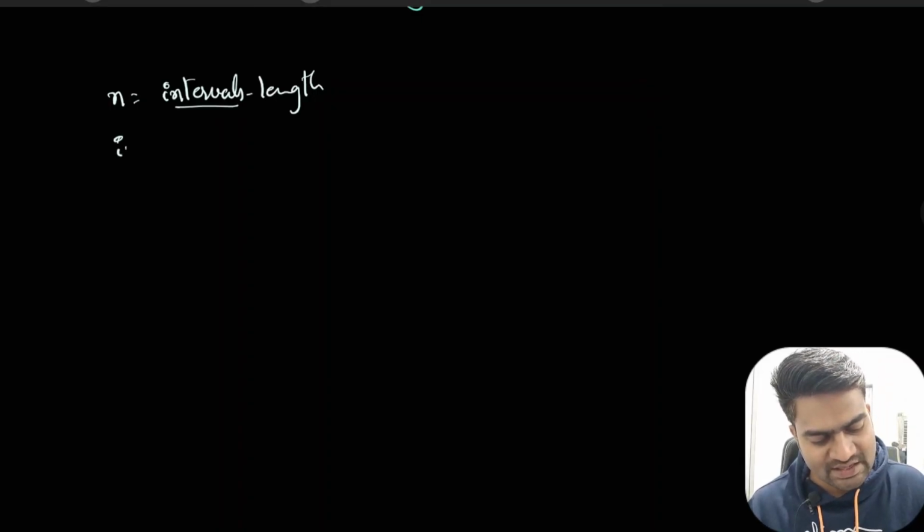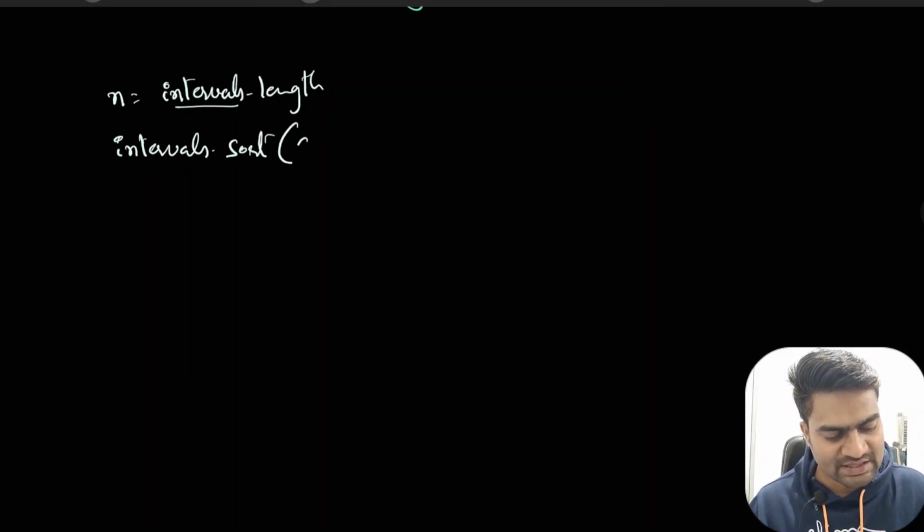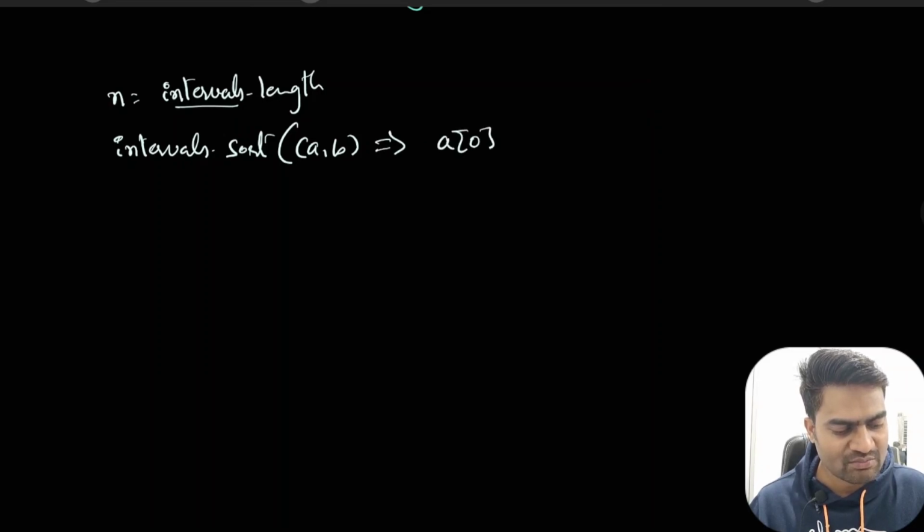So I will say my intervals dot sort. I will use the inbuilt sort method. So it will take a comma b such that a of 0 minus b of 0. This will sort by the start value. Okay, so this is basically sorting.